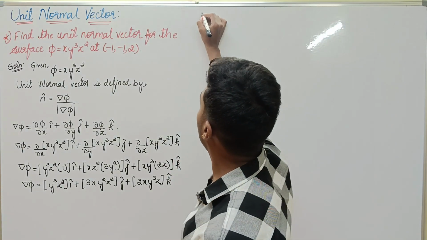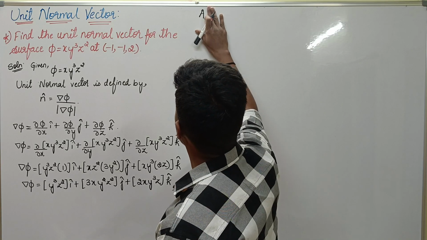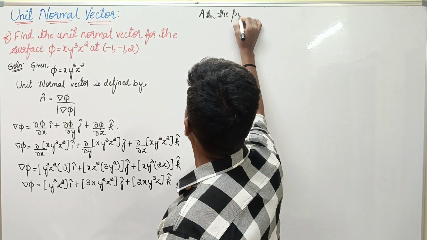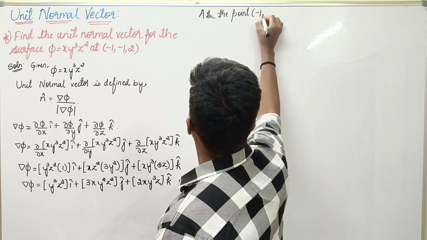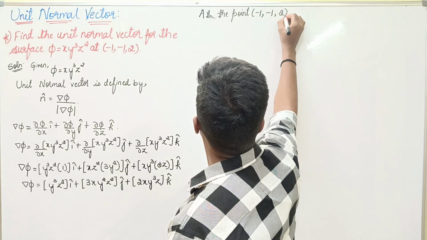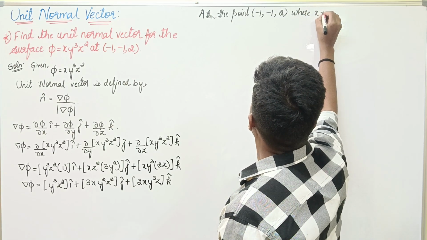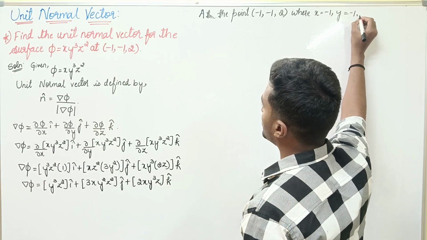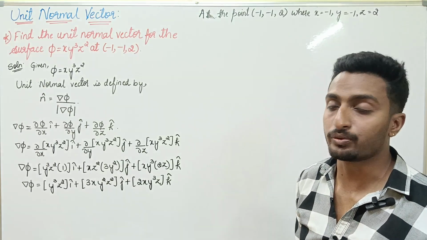That is at the point -1 comma -1 comma 2, where x equal to -1, y equal to -1, z equal to 2.